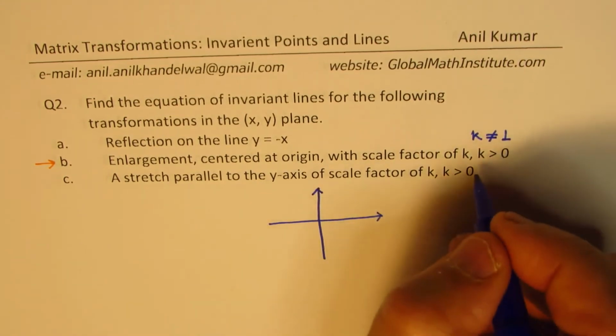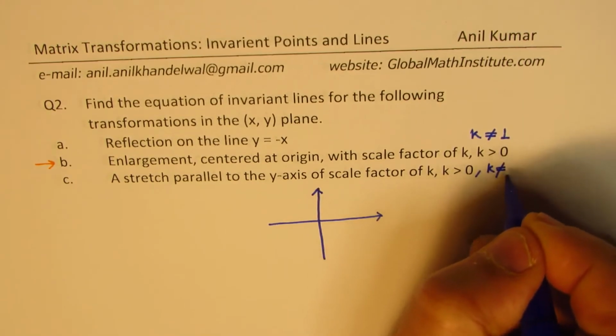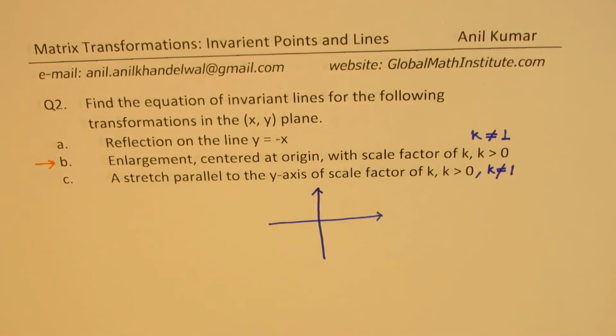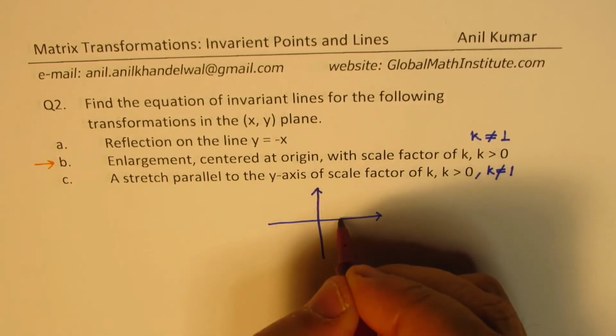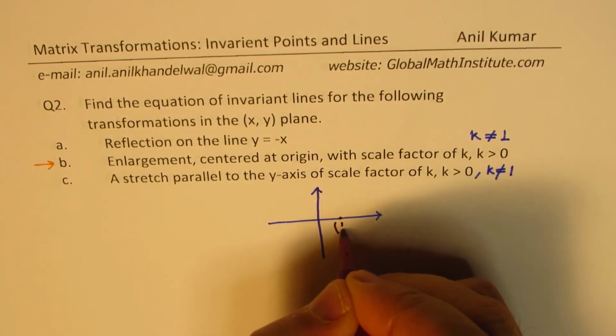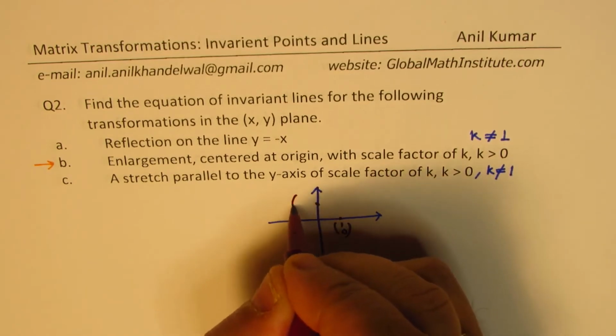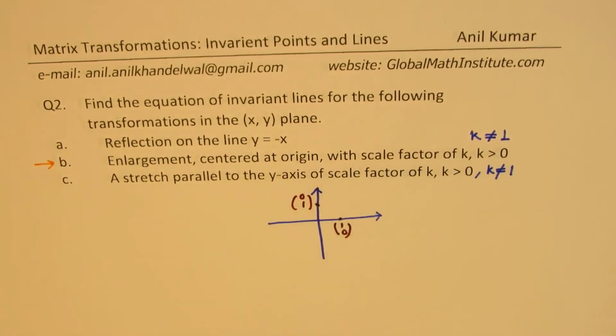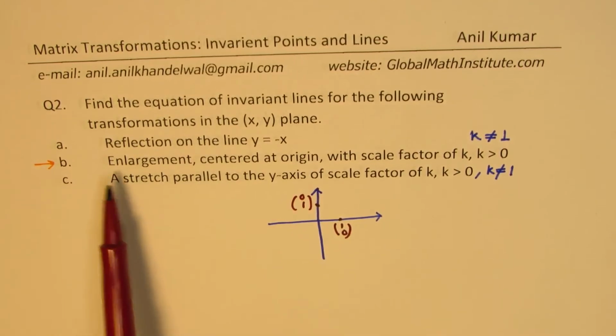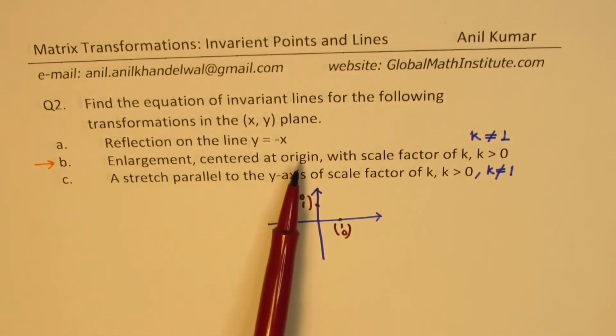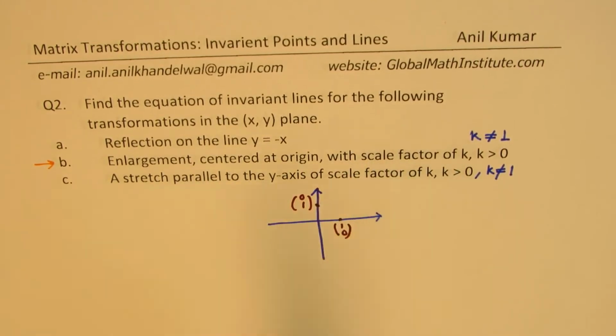So k not equal to 1 is a condition for both part B and C. So once again, we'll take our test points, which are 1, 0 and 0, 1. So enlargement centered at origin by a scale factor k.